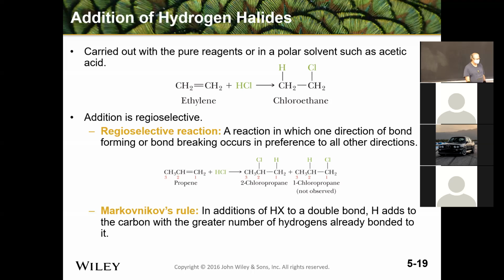In Markovnikov's rule, in addition of HX to a double bond, H adds to the carbon with the greater number of hydrogens already bonded to it. There are a couple of ways of restating that. One is, when it comes to hydrogen, the rich get richer. Whoever has the most hydrogens gets the hydrogen.